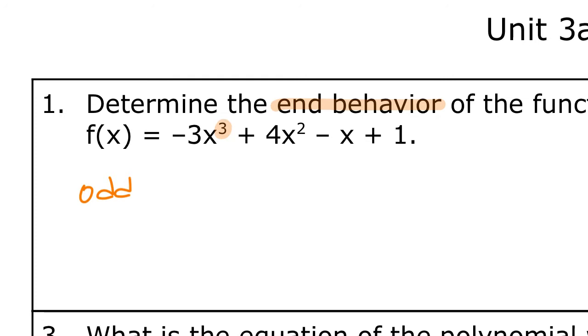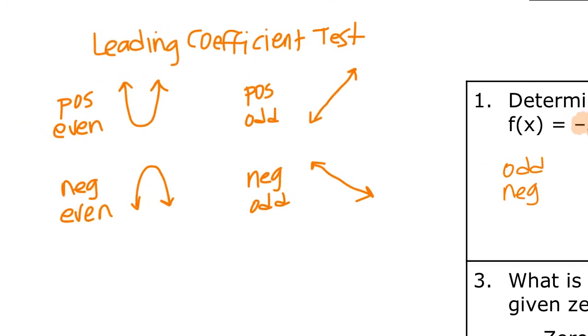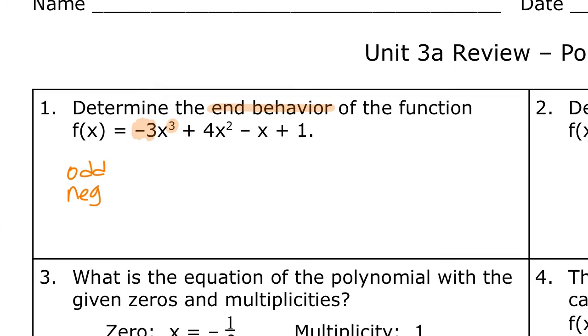Then my leading coefficient is whatever coefficient is in front. So in this one, I have a negative. So if it's odd and it's negative, according to my little chart over here, that's this one right here, the left side is going up and the right side is going down. So left is up, right is down.